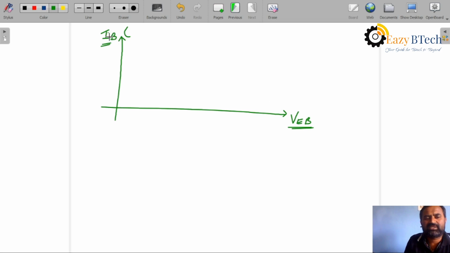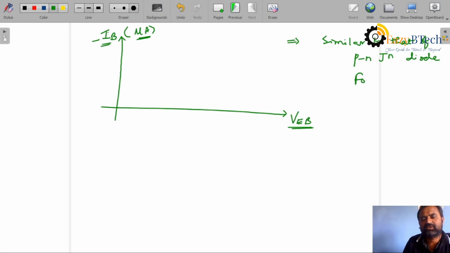Due to the base being smaller in size and less doped, the current through the base is in terms of microamperes. The magnitude of the base current is microamperes. Keeping VCE constant, it is similar to the PN junction diode forward bias characteristics. You may get the graph in this manner.